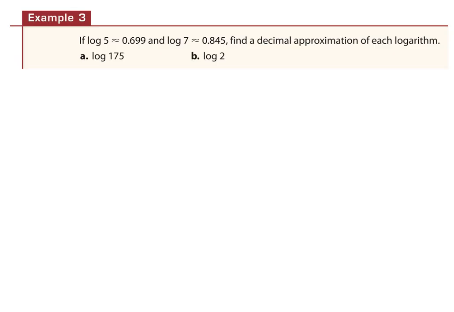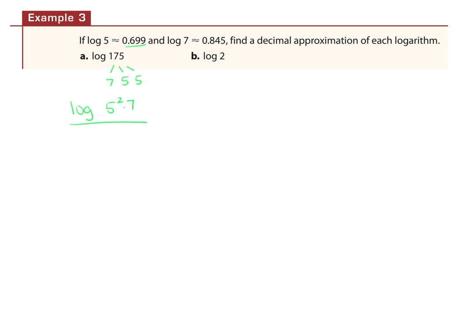The first thing we can do is, if we have estimations, we can use those to help us get logarithms. So the logarithm of 175, if you were to break this up into primes, you're going to get something like this. 5 squared times 7 is another way to write this log, right?